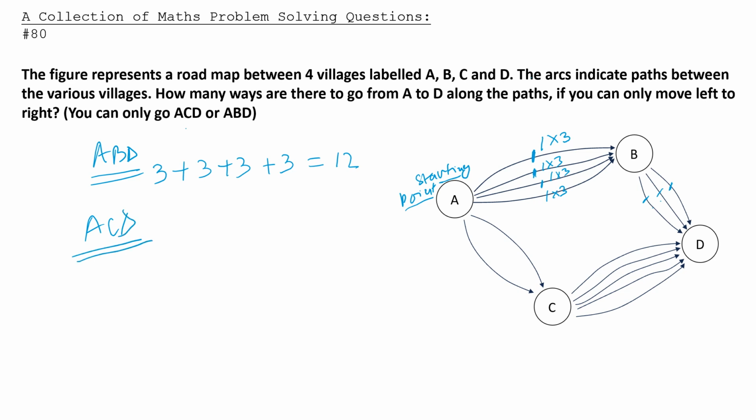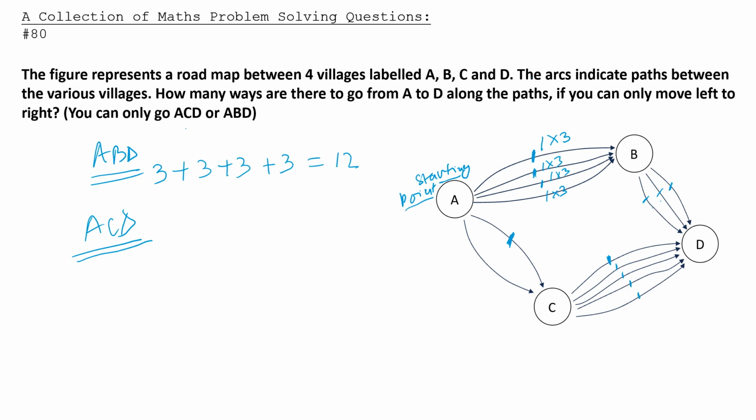A, C, D. So again, from A to C to D, if you choose this path, there's only one way, A to C. Using this path, you're only taking this path, you're not taking the other path now. A to C, that's how we'll do the counting. And then again, from C to D, you can do 1, 2, 3, 4, 5.